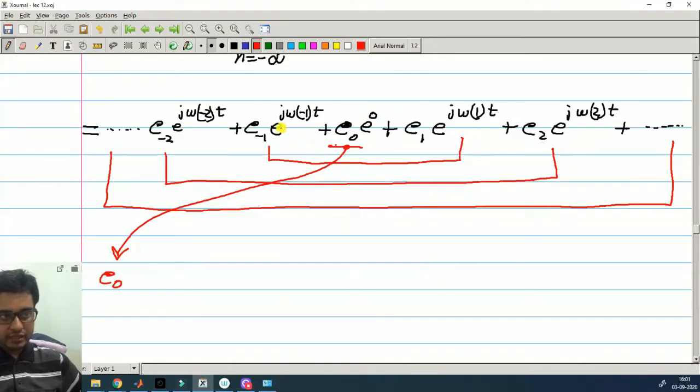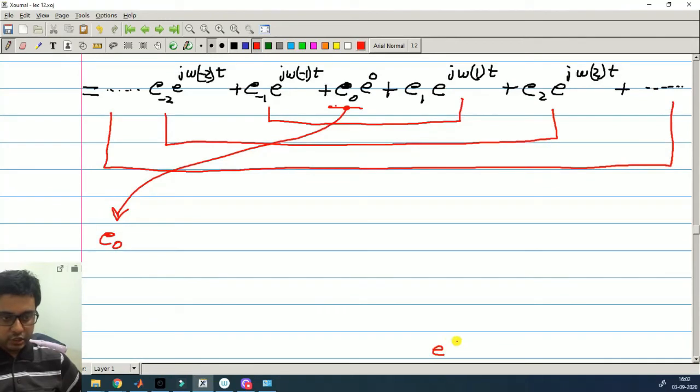And note that e to the power j theta is equal to cosine theta plus j sine theta.